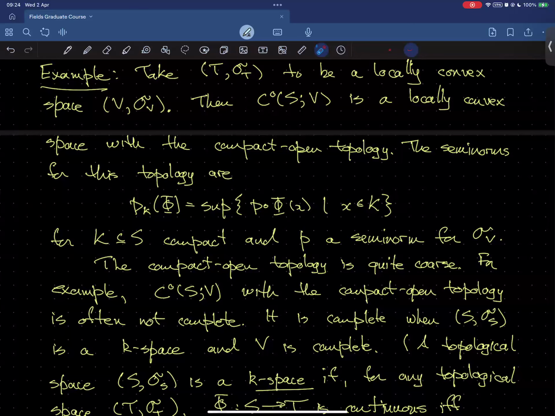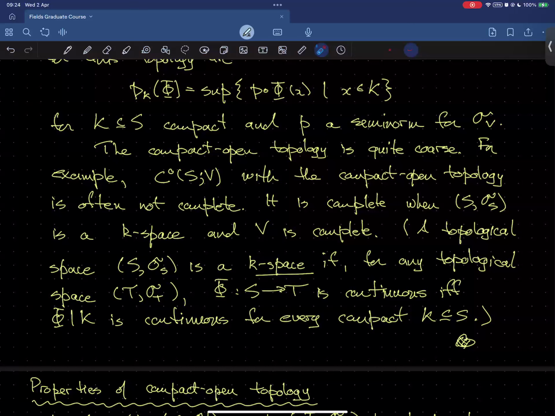Therefore it'll be bounded, and therefore P will be finite when you evaluate it on all values of the form phi of X, where X runs over K. So at least it's well defined, and it's easy to check that it satisfies the homogeneity property and the triangle inequality.